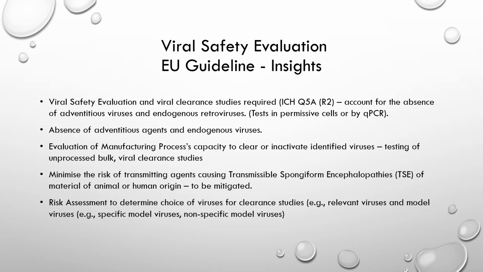Your viral clearance studies will be done on a scaled down model of your actual commercial manufacturing or clinical trial manufacturing method, because spiking is one of the tests that you would need to perform in order to demonstrate inactivation or clearance, and you don't want to introduce that into your manufacturing plant.